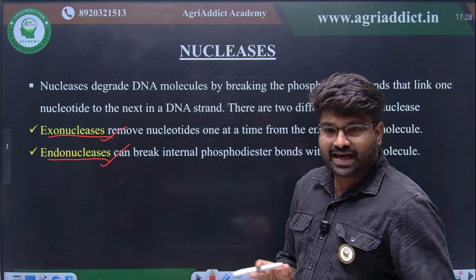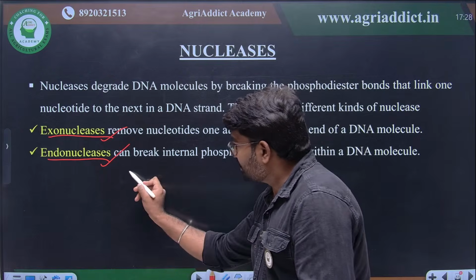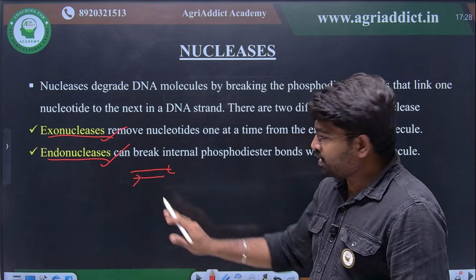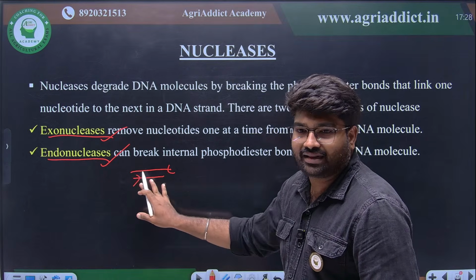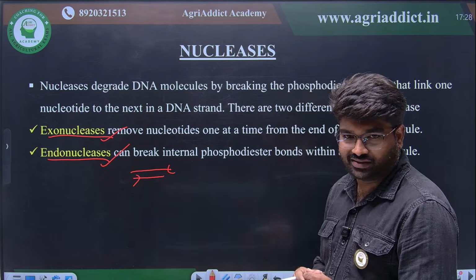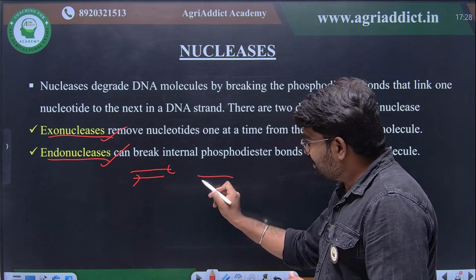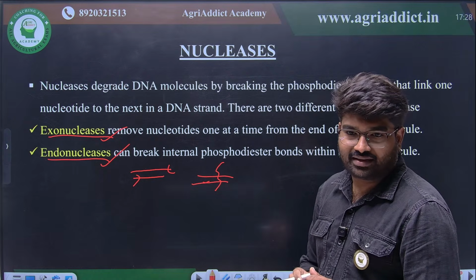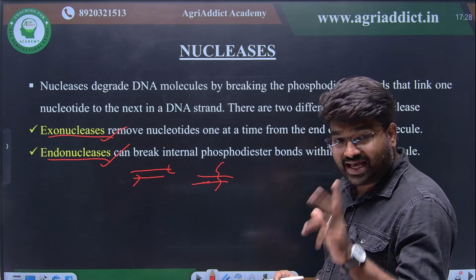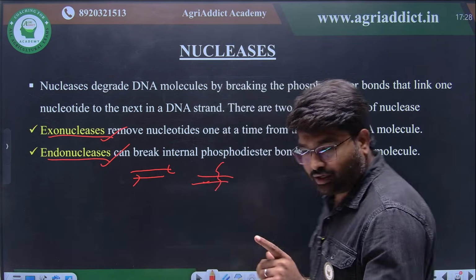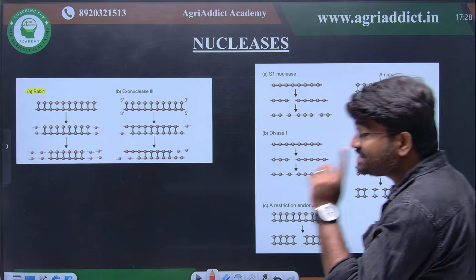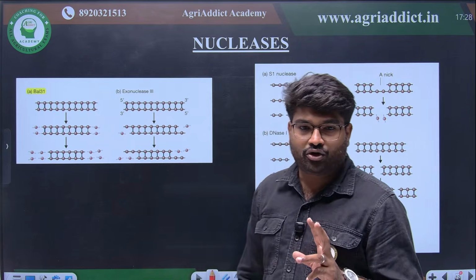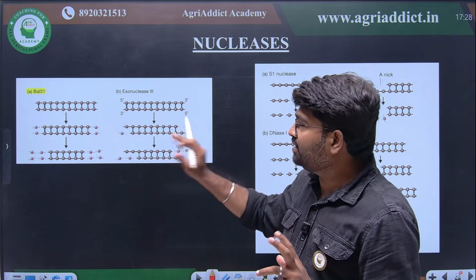Exonuclease means it will remove the nucleotides from the end of the DNA molecule. Endonuclease means it will cleave within the DNA molecule. This is clear. So the most important thing we are going to discuss is the examples of exonuclease and examples of endonuclease.